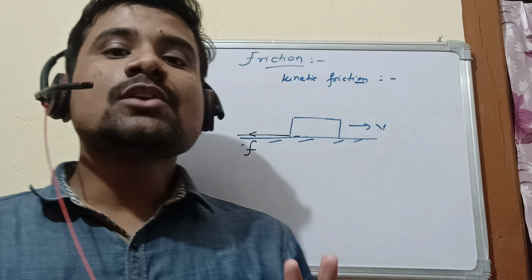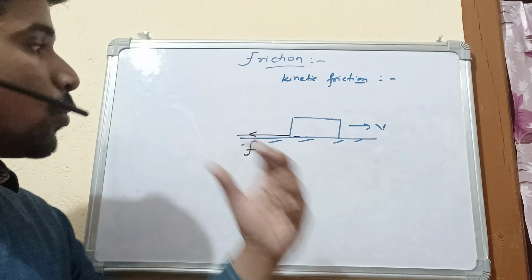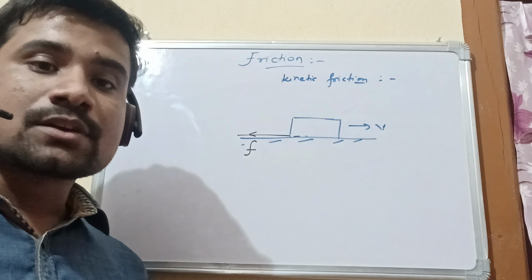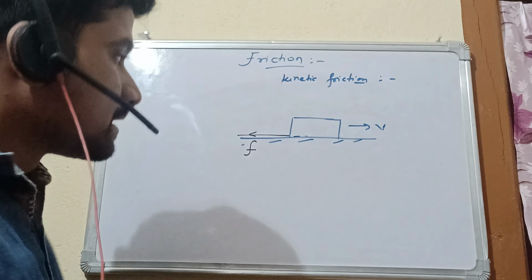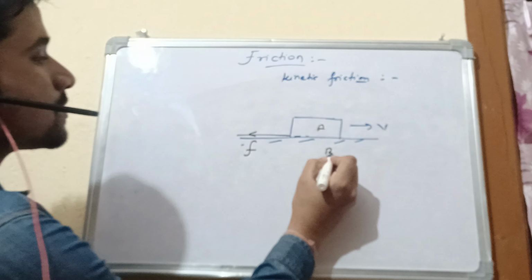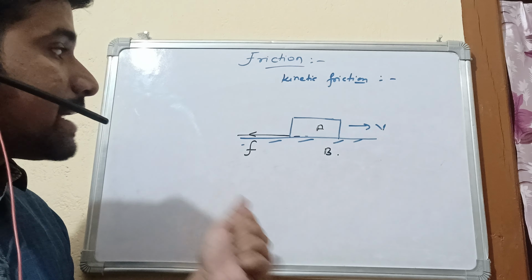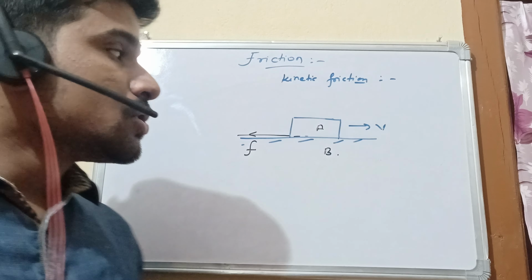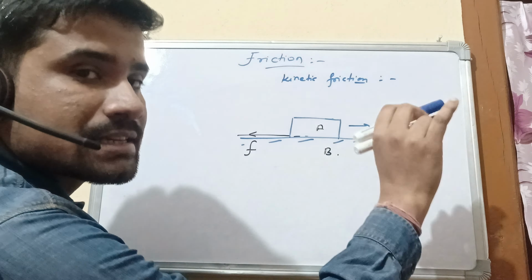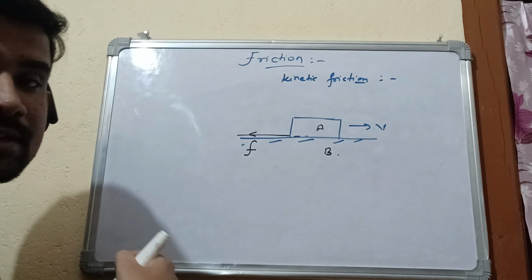So by a general rule, we understand that kinetic friction always exerts against the direction of motion of a block with respect to the opposing surface, right? So let's say there is one surface, let's call it A and another is B. So kinetic friction will always occur against the motion of A with respect to B. So the motion of A with respect to B is in the right direction. So kinetic friction on A will occur in the left direction, right?